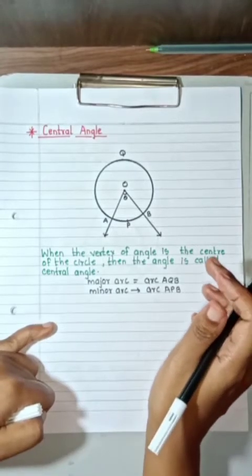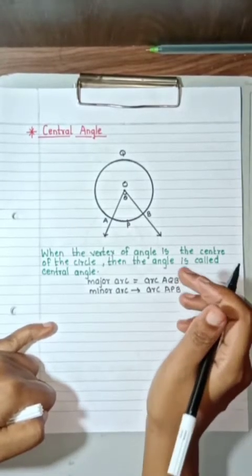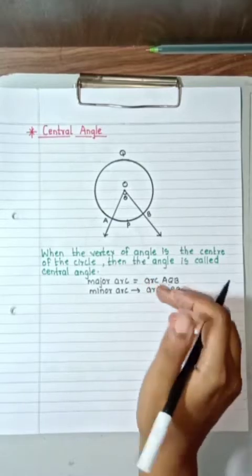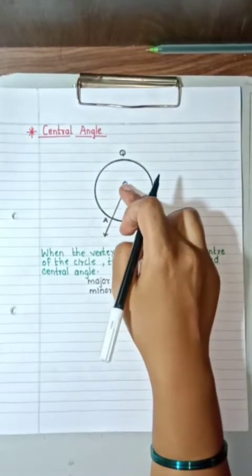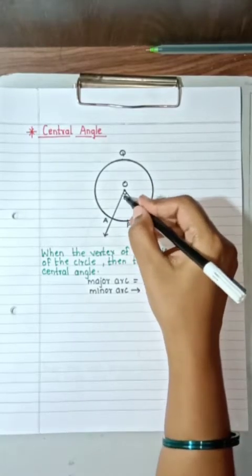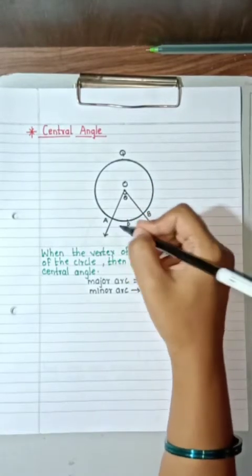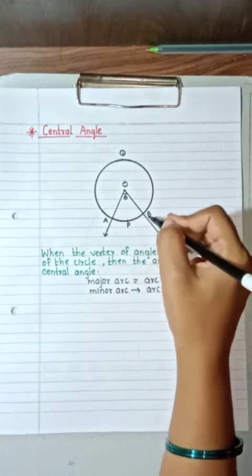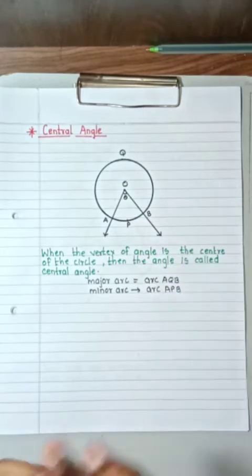Now the measure of minor arc, APB, is equal to the measurement of the central angle. Whatever is the measurement of angle AOB will be the measurement of arc APB. Just note it down here.